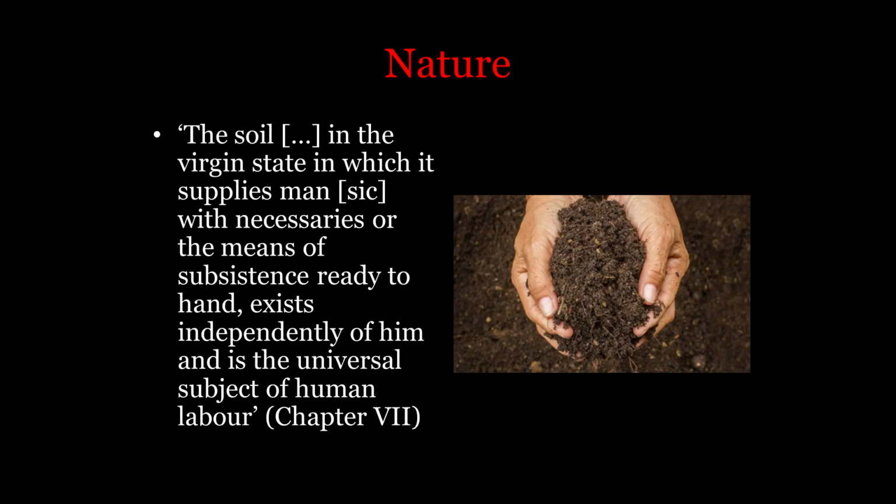So nature is, of course, the ultimate grounds of our material existence on the planet: the soil in the virgin state in which it supplies man with necessaries or the means of subsistence ready to hand exists independently of him and is the universal subject of human labour.